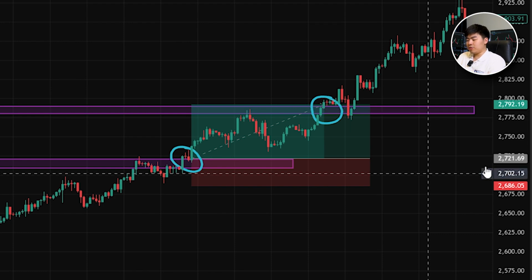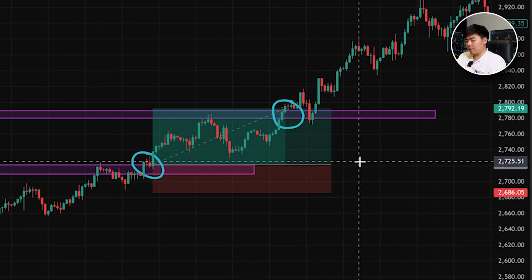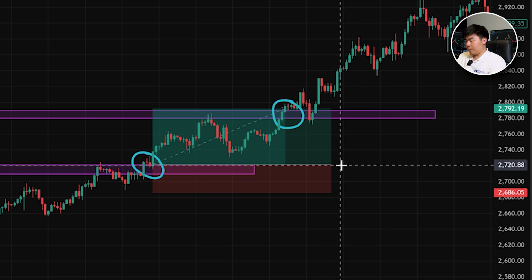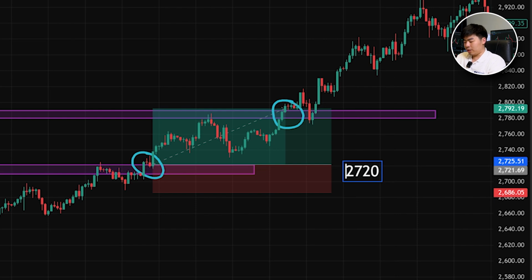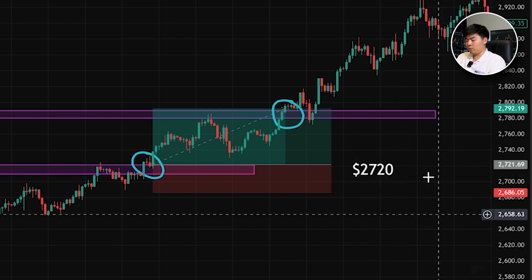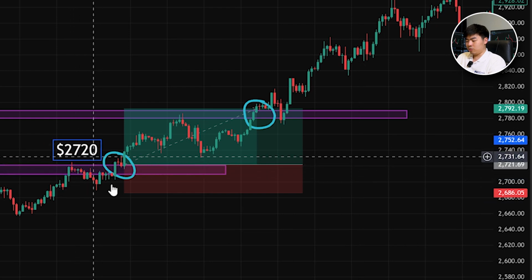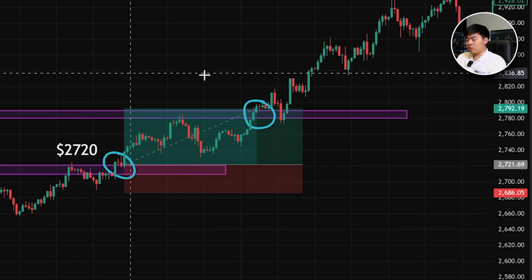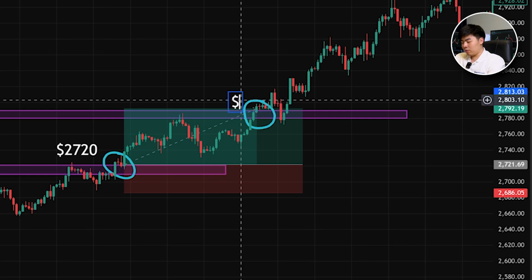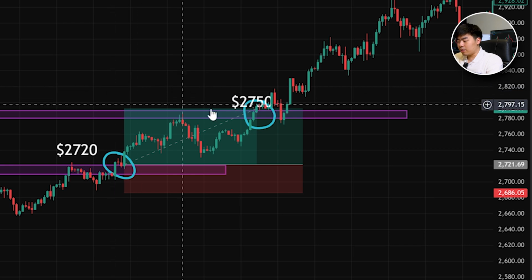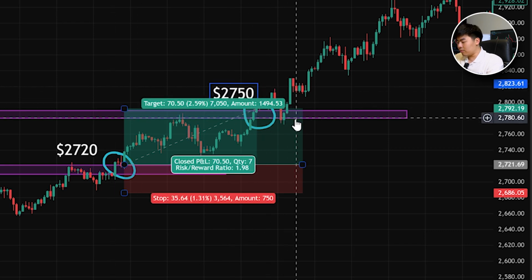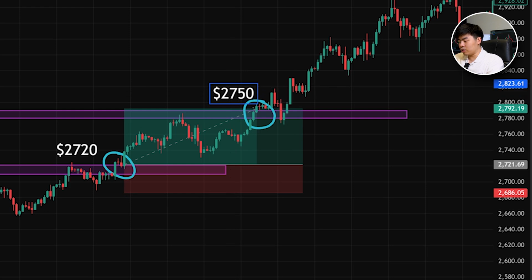So in a situation like this, I would open a position at around $2720, here, and I would close the position here at around 2780.